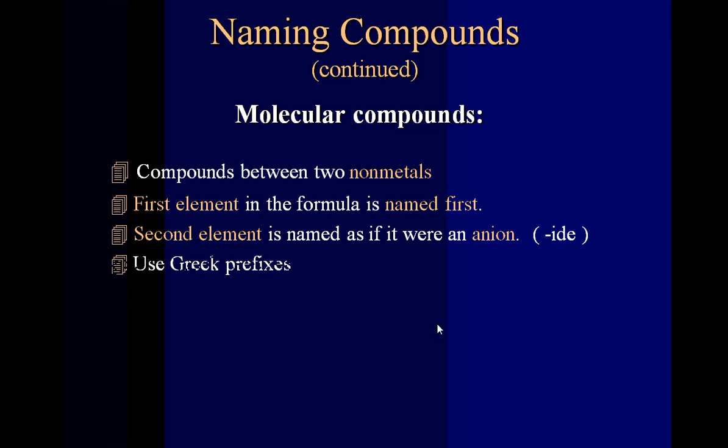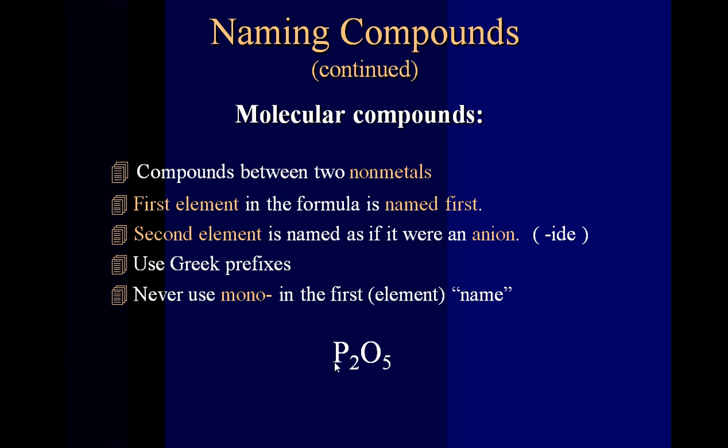Also, we need to use the Greek prefixes. Here they are, and you might want to listen carefully. 1, mono. 2, di, D-I. 3, tri, like a tripod. 4, tetra.